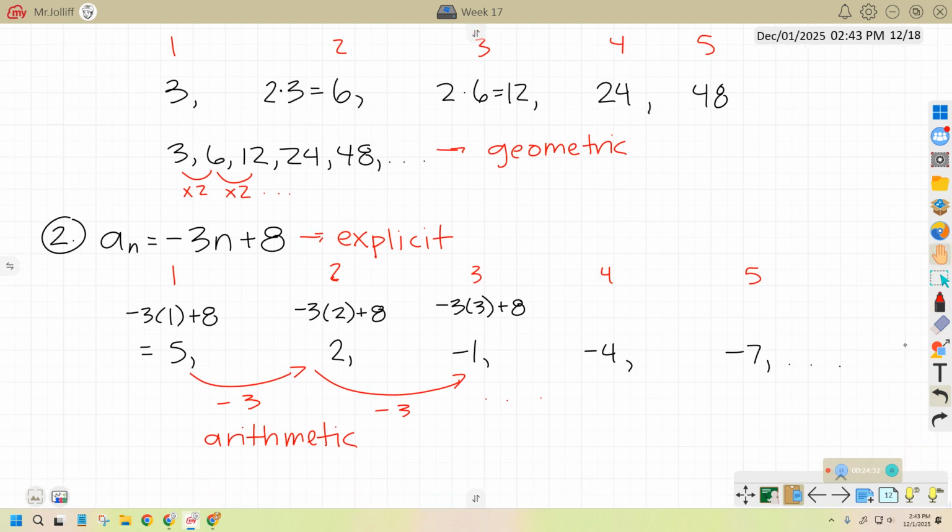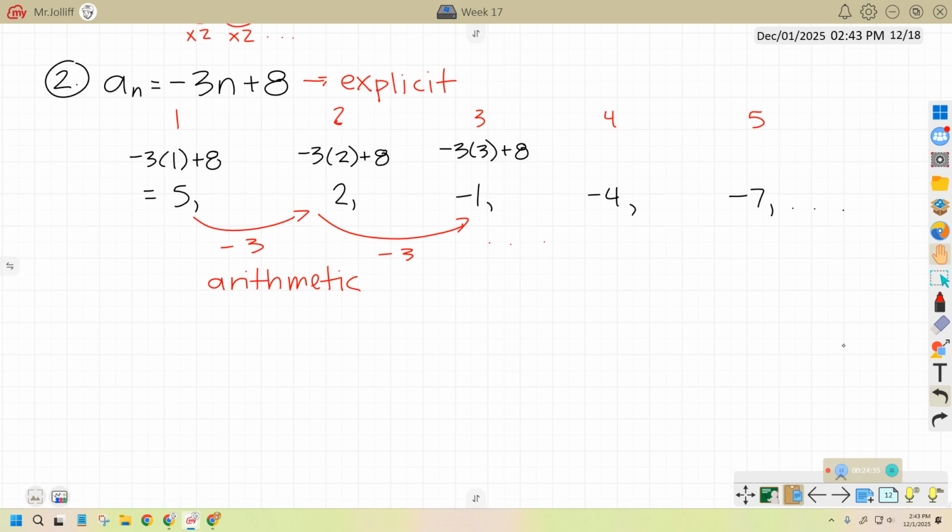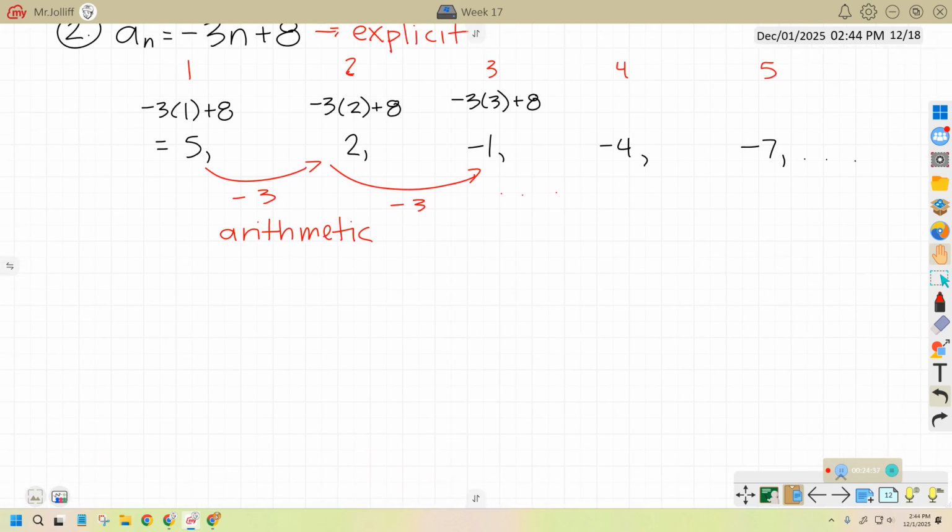Same idea. We want to write the first 5 terms.